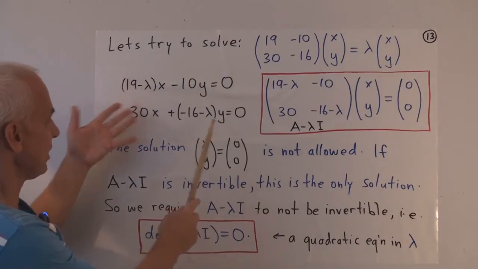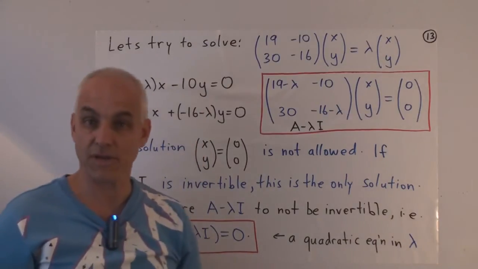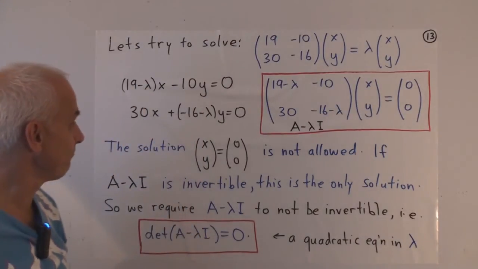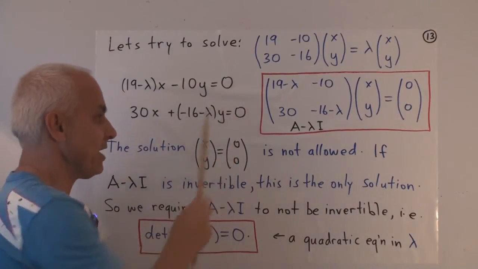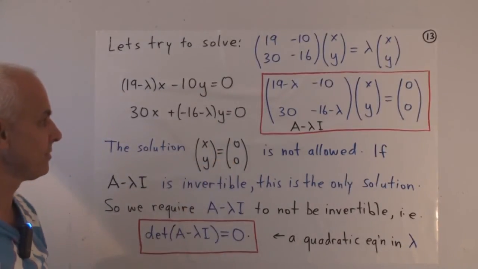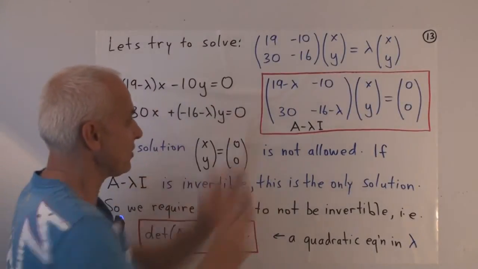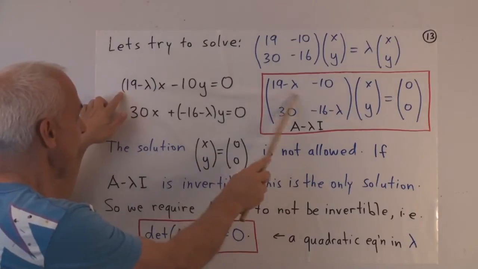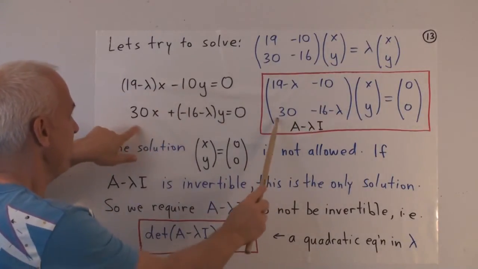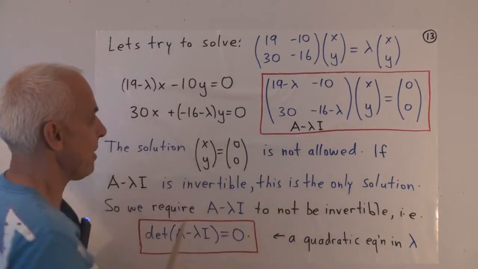Okay, that's a little system of linear equations in x and y. It's a 2 by 2 system, with the right-hand side being the vector 0. And let's just write that out in matrix form. The coefficients are 19 minus lambda, minus 10, 30, and minus 16 minus lambda.